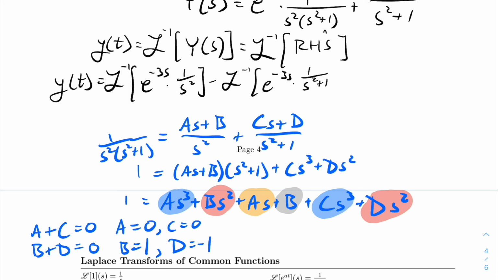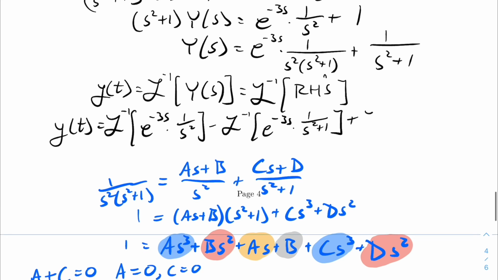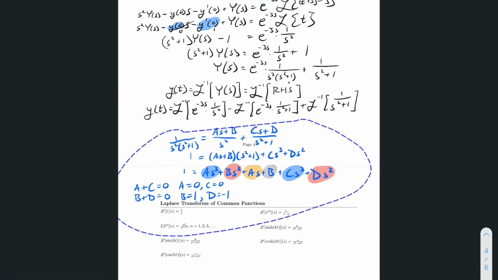And I'm just going to make this term over here negative. And then plus L inverse of 1 over s squared plus 1.